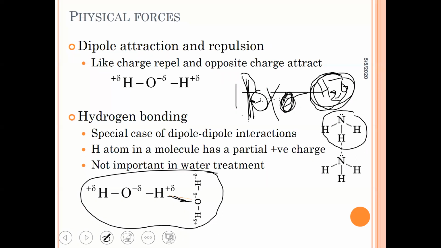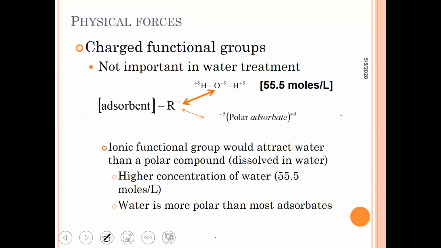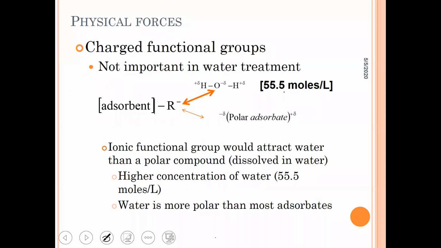If any functional group has extra electrons, it will be polar. So if an oxygen containing functional group is present on the surface, it will reduce the activated carbon capacity because it is polar, and it will attract water quickly.